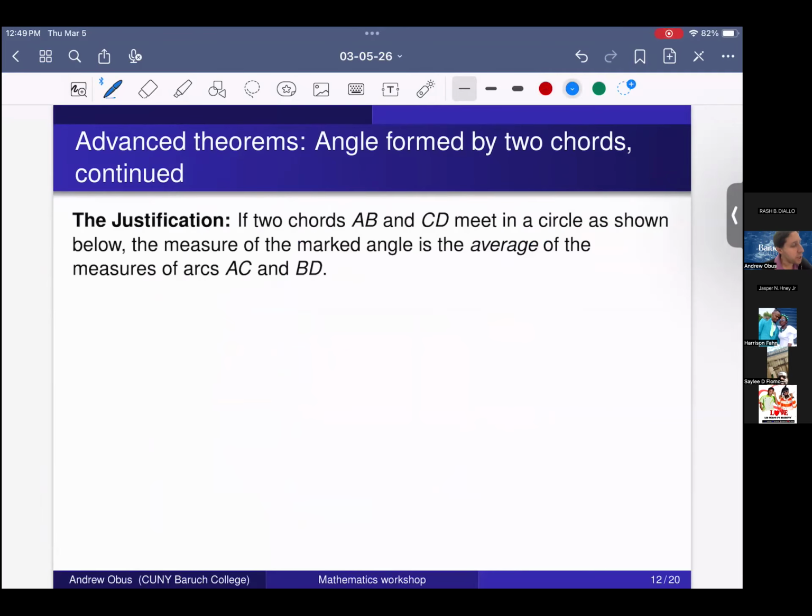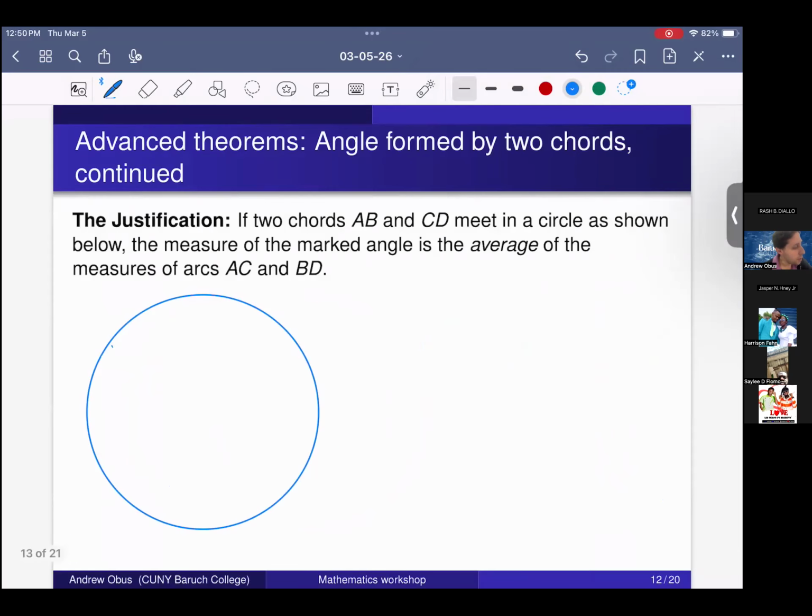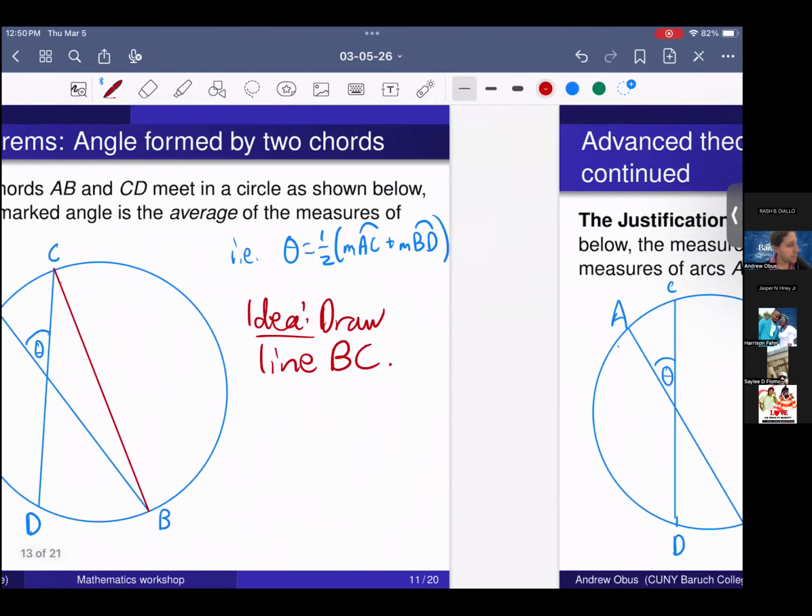For the justification, I'm going to redraw the picture a little smaller. Let me try to draw it so they look kind of the same. I've got AB and I've got CD, and this is my angle theta. Now I'm going to draw the line BC.